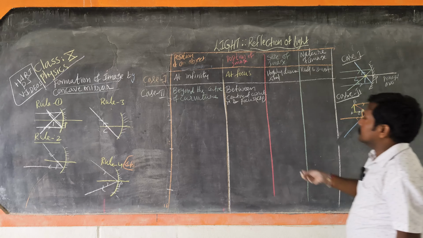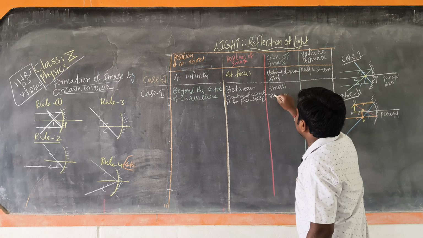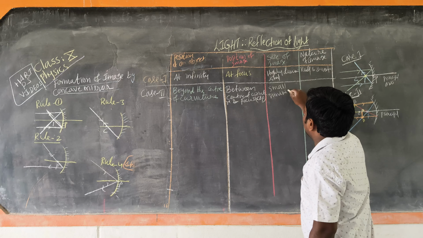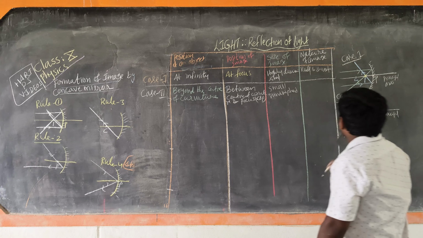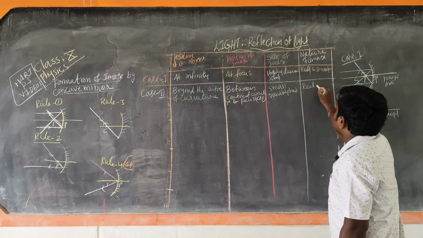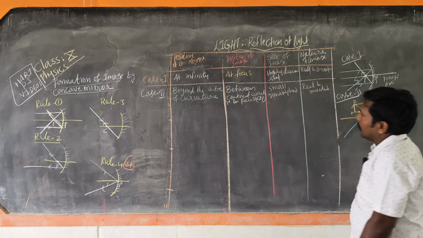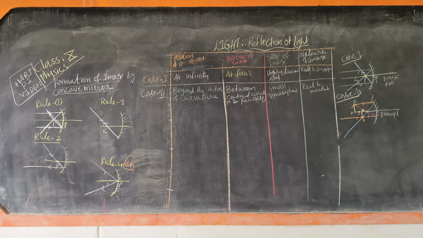Small, small and diminished. Real image and inverted image. Real and inverted.